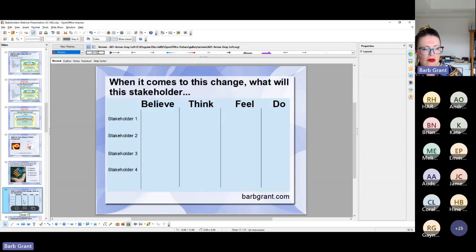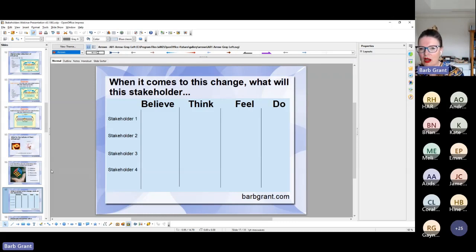The next piece is to ask ourselves, when it comes to this change, what is this particular stakeholder going to believe, think, feel, and therefore do in relationship to the change, at least until we can plan out our interventions and hopefully influence what these postures are, in their raw state when we first get onto the assignment.